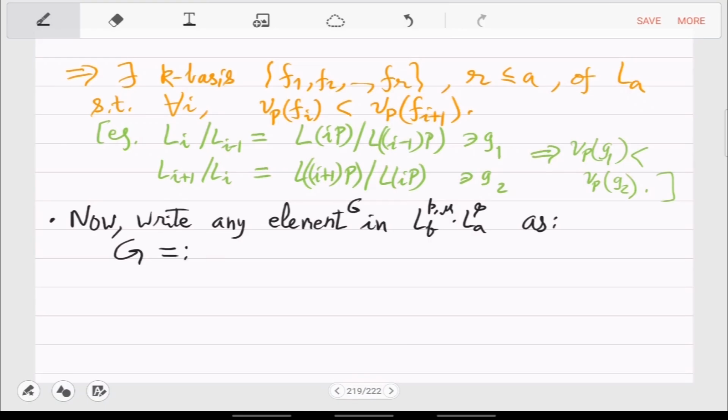So any element G in the product, or equivalently from the pre-image, which is the tensor product, any element G can be written like this: the sum of Si composed with absolute Frobenius P^mu times Fi composed with phi, i goes from 1 to r.